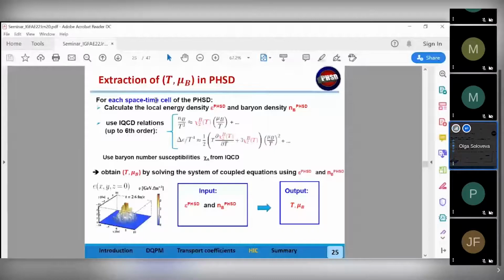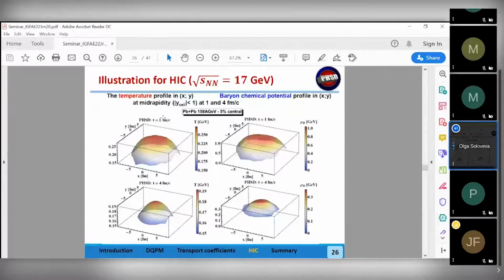Here, for example, the energy density is depicted for different cells in GeV over fermi cubed, for time 2.6 fm/c. Now we will focus on the temperature profile in X and Y at mid-rapidity at the times 1 fm/c and 4 fm/c after the initial collision, and also here is the profile in chemical potential.